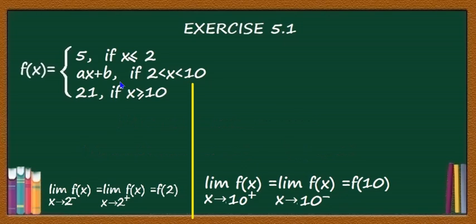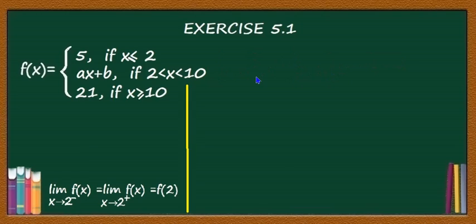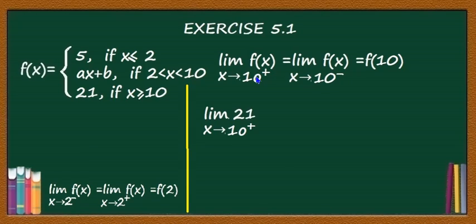First, let us use this result: limit x tending to 10 plus f of x is equal to limit x tending to 10 minus f of x equal to f of 10. Limit x tending to 10 plus means slightly greater than 10. When it is greater than 10, the function is defined as 21, so replace f of x by 21. That is limit x tending to 10 plus of 21, and limit x tending to 10 minus f of x means slightly less than 10.